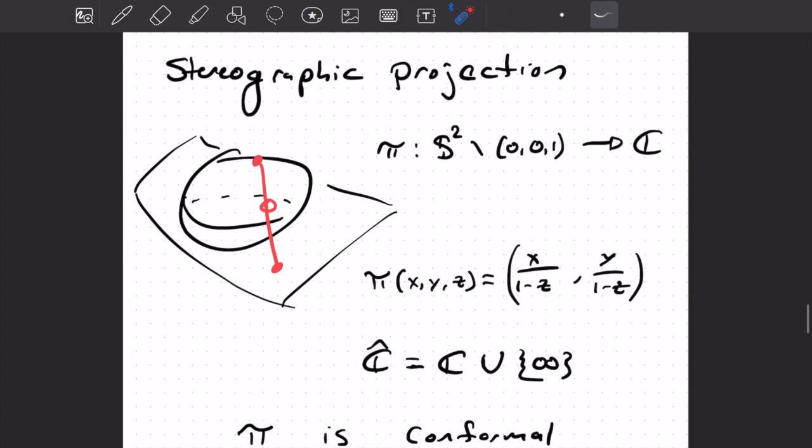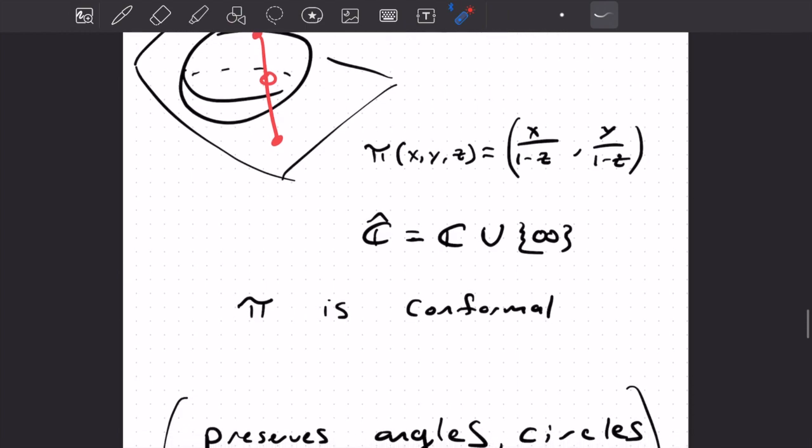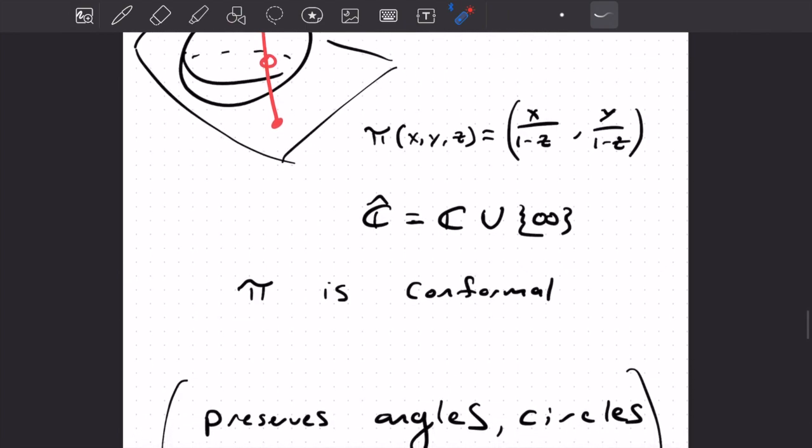The other thing we want to remind ourselves of is stereographic projection. We saw this in an earlier video, I believe. But if you have the sphere and you remove a point, you can get a map to the complex plane or the R2 that has some nice properties. So here you can say, well, we mapped this point on the sphere to this point on the plane. And this map, stereographic projection, is what's called conformal.